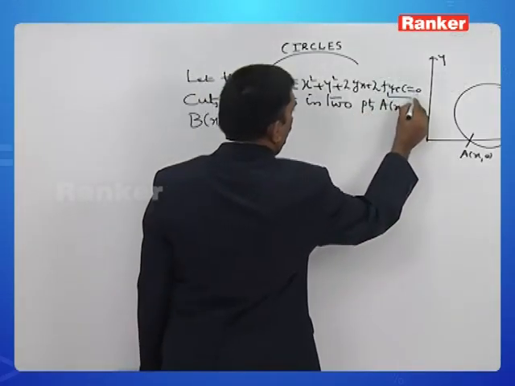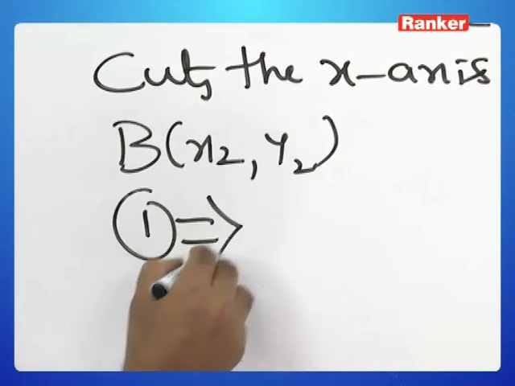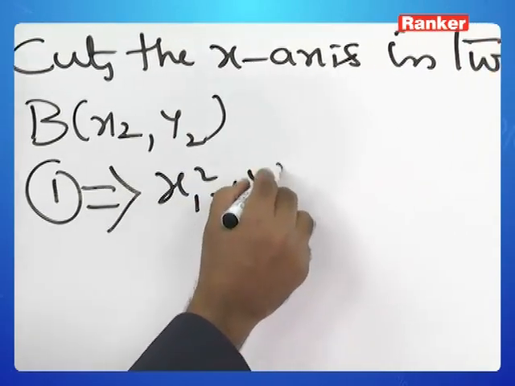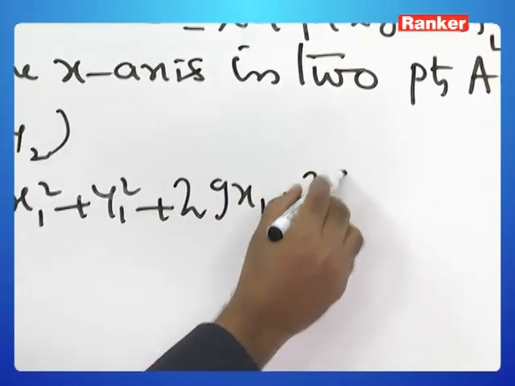Call this equation 1. Equation 1 implies x1 square plus y1 square plus 2gx1 plus 2fy1 plus c = 0.